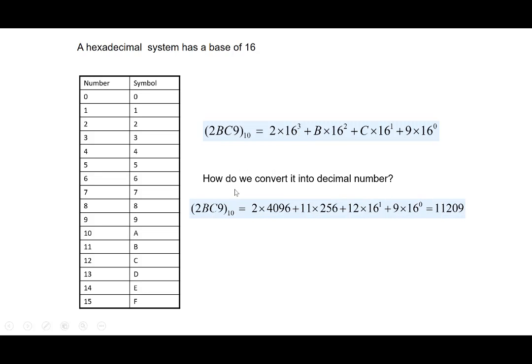Converting it into a decimal number, C is actually 12, and B is 11. So convert that back into here. When you write a number like this, 2BC9 to the base 16, that is equivalent to 11209 to the base 10.